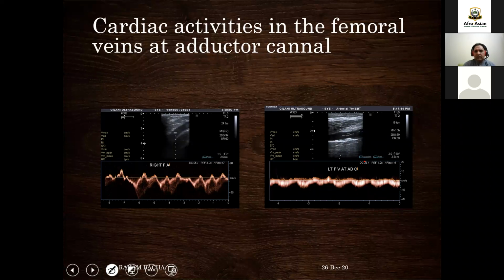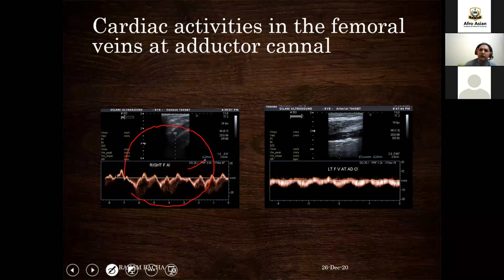I have some good images for you, interesting cases. Here you can see this is the right femoral vein. But in this right femoral vein, you have cardiac activity. These are cardiac activities and they are in the vein.